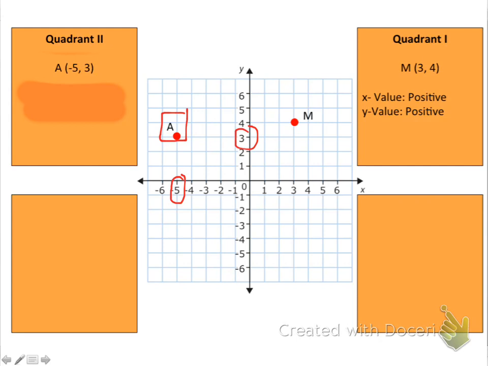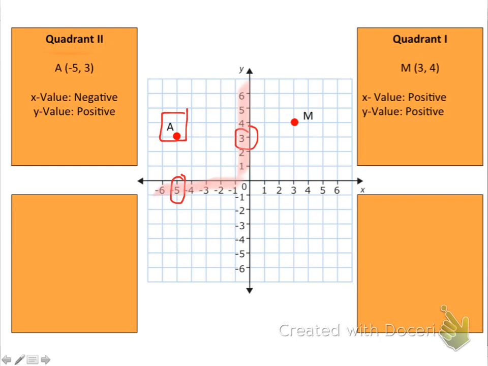Let's look at the bottom here. All these x values down here, what's special about them? Hopefully you can tell me that they are all negative numbers. Now let's look at the y values along here. They're all positive numbers. So if a point is in quadrant 2, it will have a negative x value and a positive y value, like our ordered pair for point A.